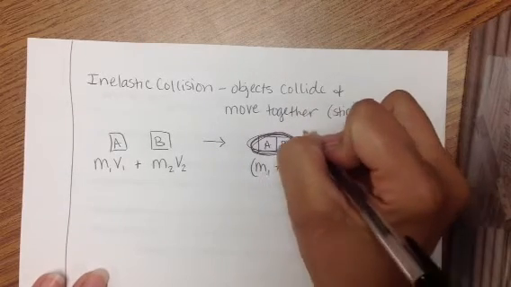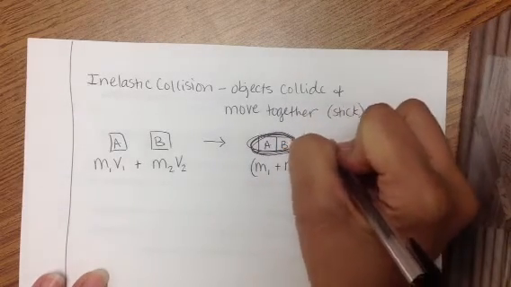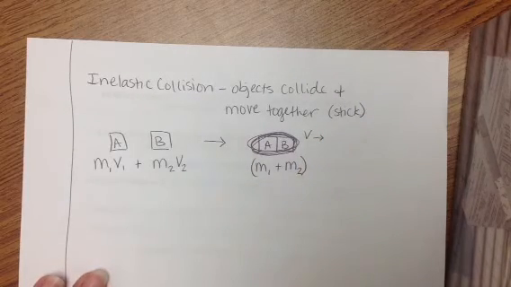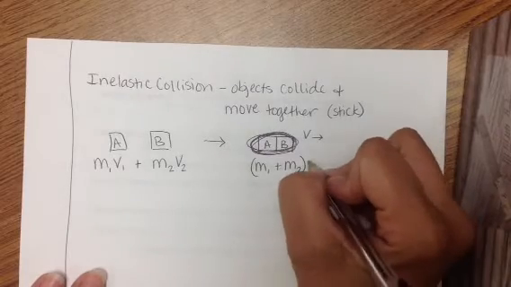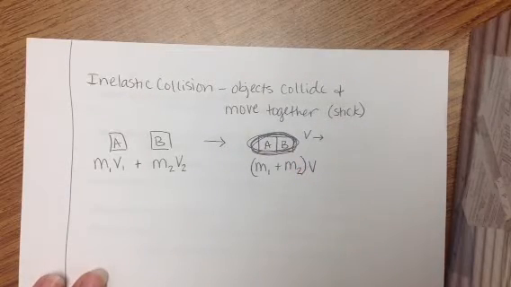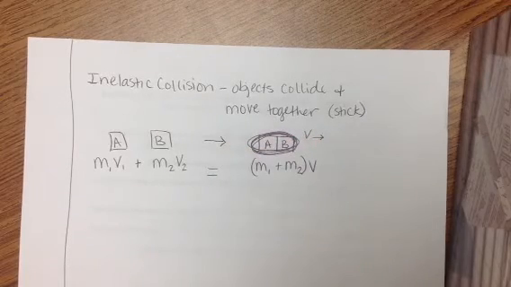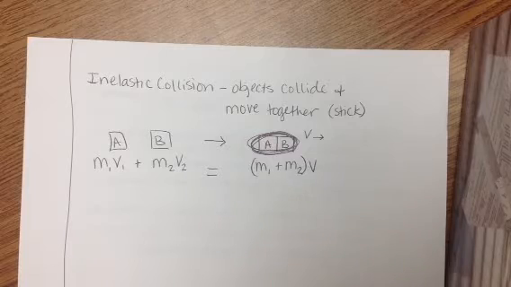This whole thing moves together with some velocity in whichever direction is appropriate. So we would say one mass and one velocity, and that's how we would calculate our total momentum on the right side, or after the collision. And so this is how we would write our formula for inelastic collisions.